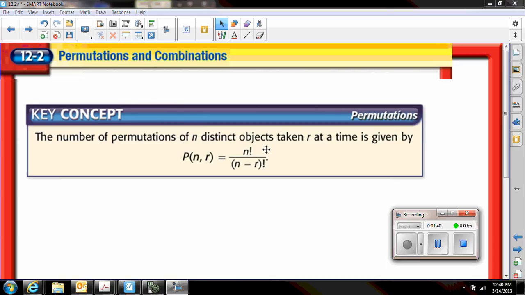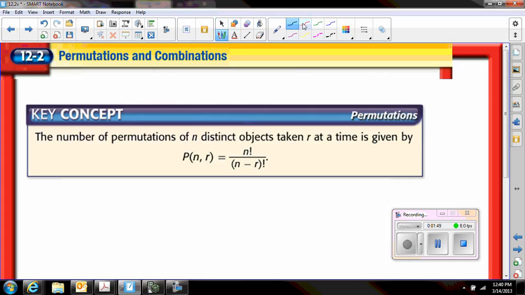Alright, let's talk about this factorial first. Factorial can be found on your calculator. Everyone has a little bit different calculator, so you'll have to find where yours is. A factorial means every integer multiplied together on down to 1.